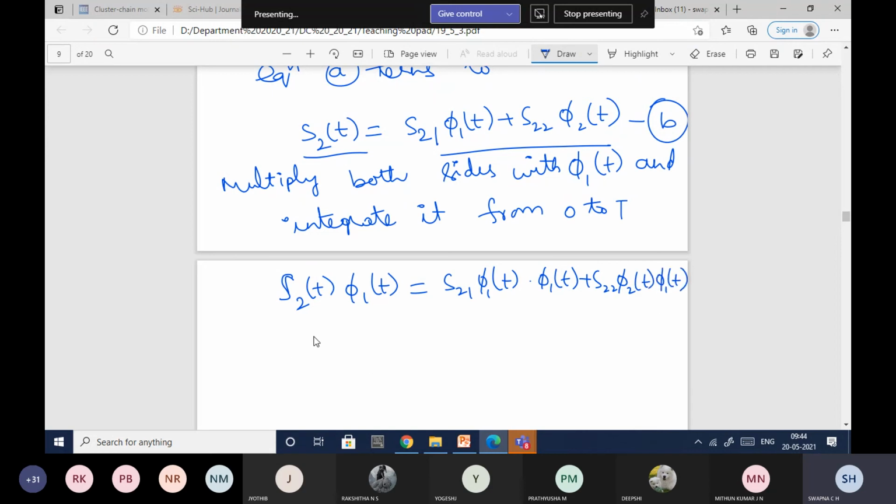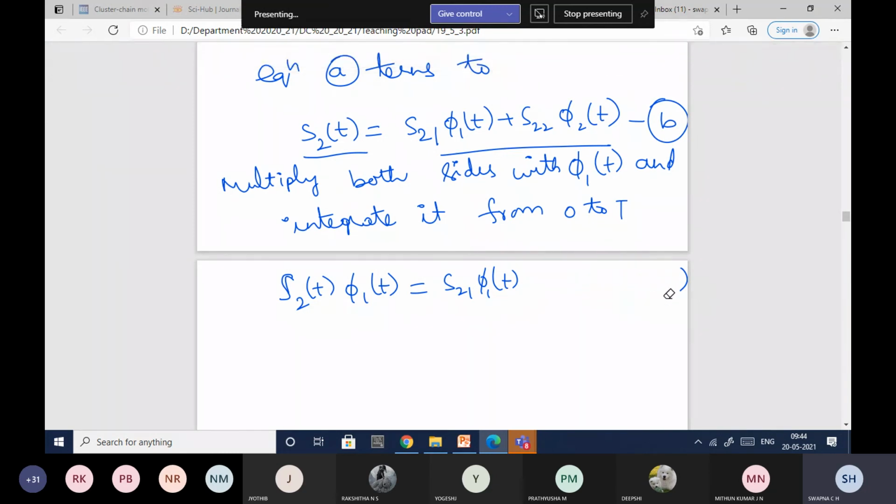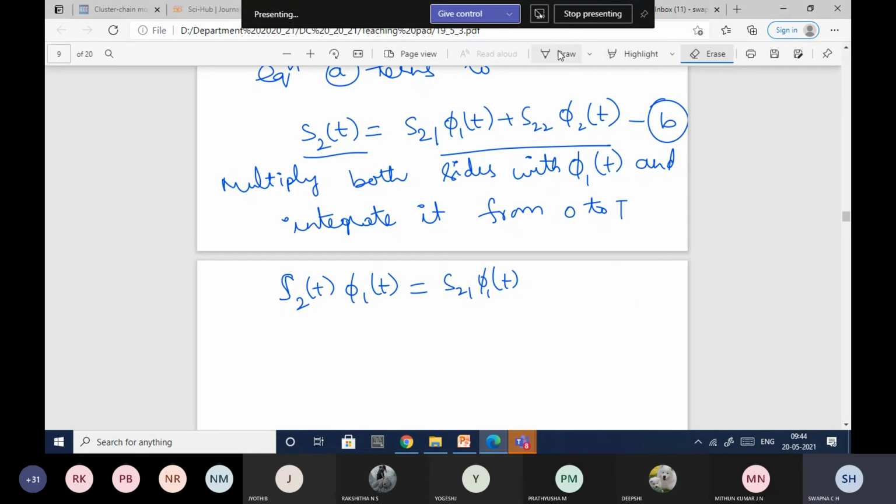For individual terms I have multiplied; s22 phi2 of t also should get multiplied with phi1 of t.